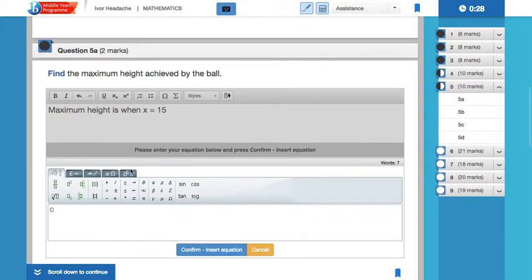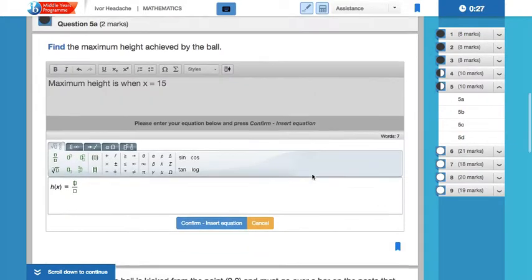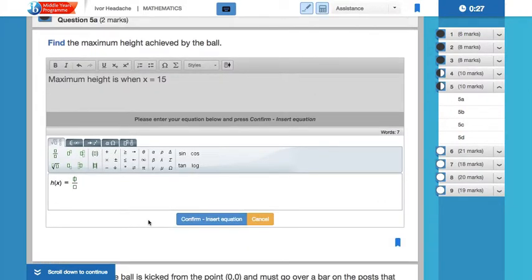So I'm just going to make that expression. So h of x is equal to, and then a fraction there, and then x (30 minus x) over 25, close bracket, down to there, over 25, and then I'm going to use the arrow keys to get out of that and do a new line.